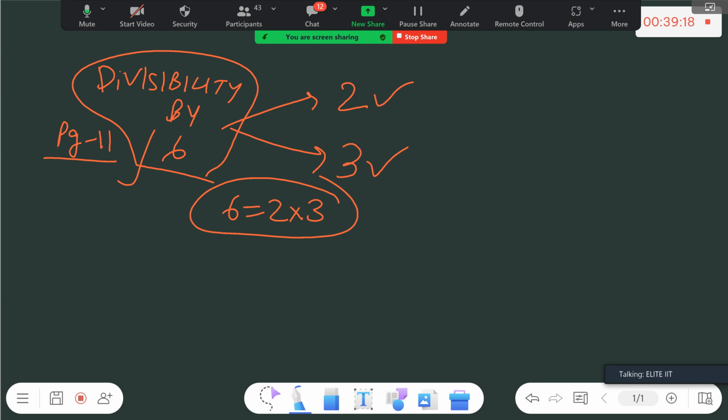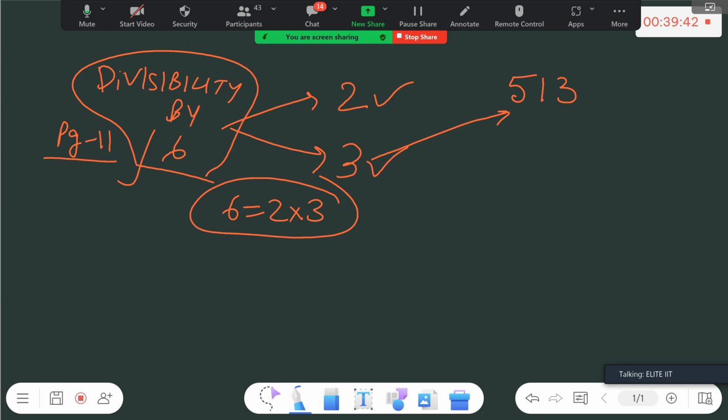And how is it possible? Let us check a number. Suppose, let us say 513. Now check whether it is divisible by 3. How do you check divisible by 3, Dheeraj? You asked for 6.